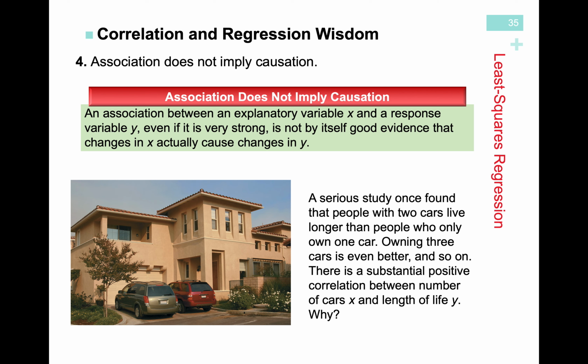People who are wealthier tend to buy more vehicles, and people who are wealthier also tend to have more money for health care. They often have more money to buy better quality food. They often have more money to visit the doctor more often and take care of health problems when they have them. So while there is a strong correlation between the number of cars someone owns and their lifespan, neither of those is causing the other. Something separate is. So a strong association or correlation is not by itself good evidence of causation.